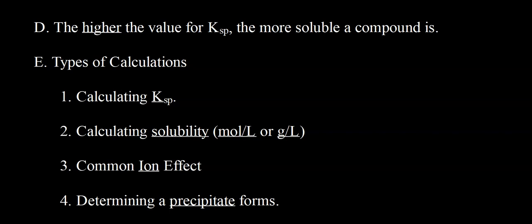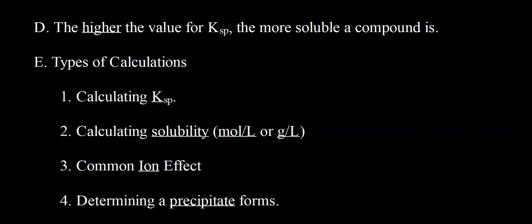Again, remember that solubility is the amount of the substance that dissolves. The amount of a substance that dissolves can be expressed either in moles per liter or grams per liter. The amount of the substance in moles that dissolves per liter of solution, that's known, by the way, as molar solubility.